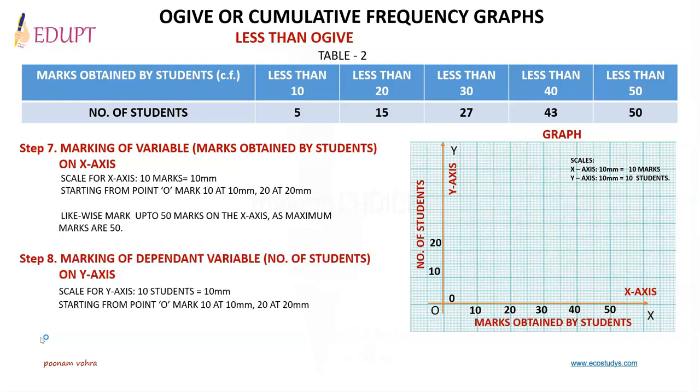And accordingly, for y-axis, scale is 10 students represent 10 millimeters. So from 0 at a distance of 10 millimeters, mark point 10, and then at 20 millimeters distance, mark point 20, and so on till 50 number of students are mentioned.